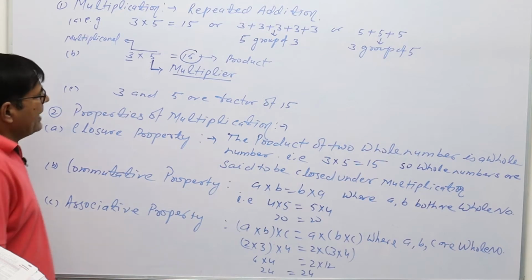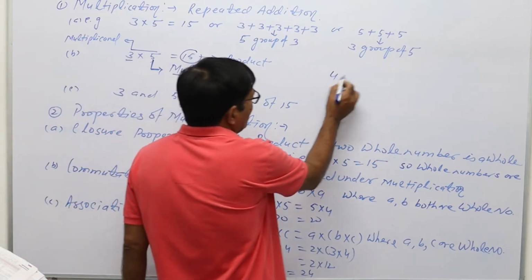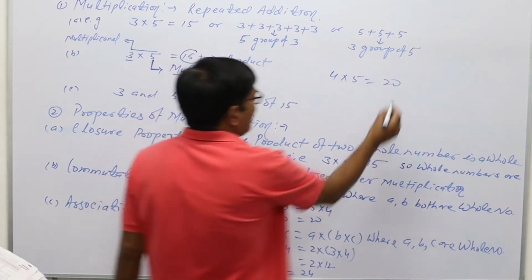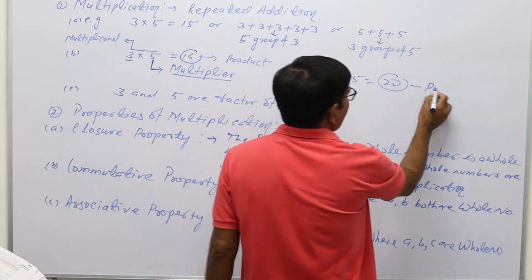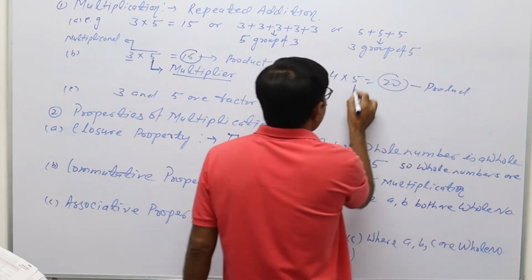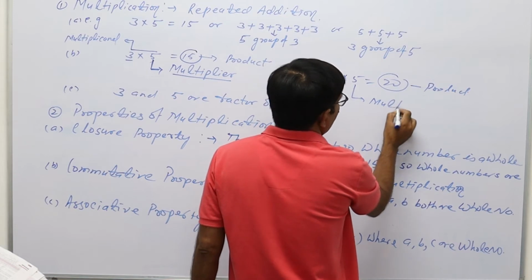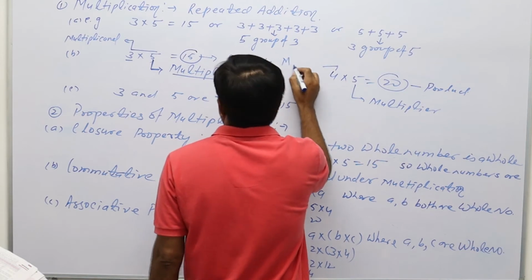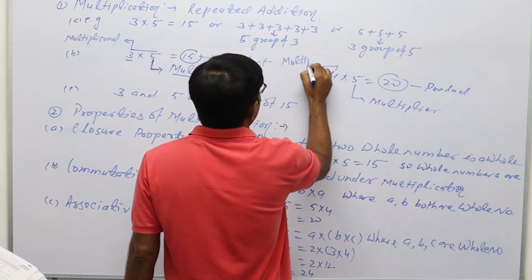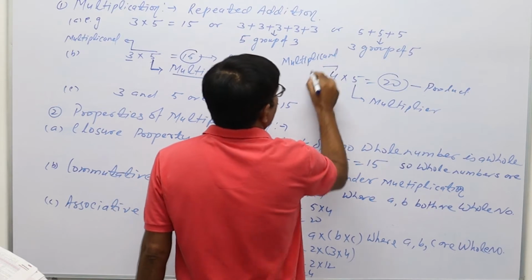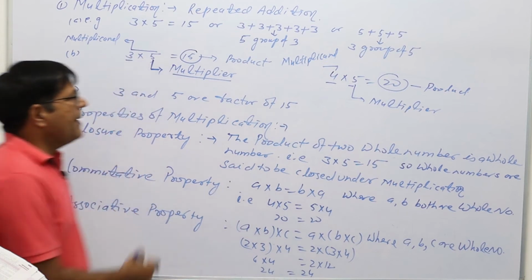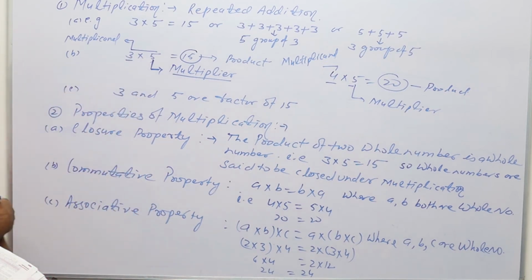Similarly, if the multiplication of 4 into 5 is equal to 20, then 20 is known as its product, 5 is known as the multiplier, and 4 is known as the multiplicand. And these 4 and 5 are also known as factors of 20.